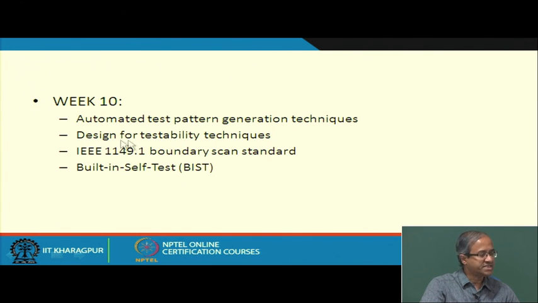Then we looked at design for testability techniques, specifically the scan path method. We looked at one of the standards, the boundary scan standard, and finally built-in self-test, where we can design a circuit such that it can test itself.